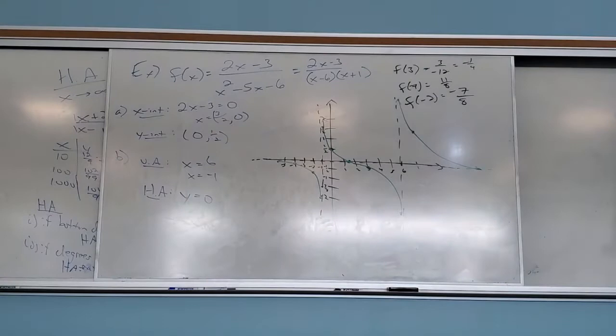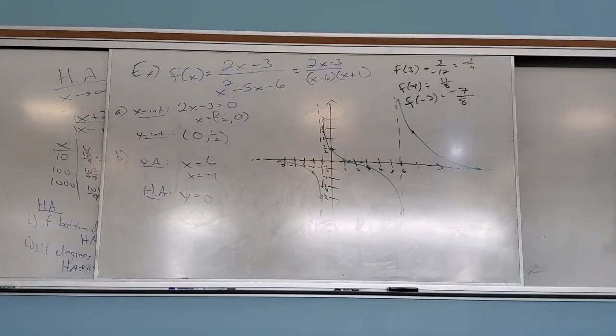Let's see, what was this again? There it is, 2x minus 3 divided by x squared minus 5x minus 6. There it is. Isn't that basically what we've gotten?